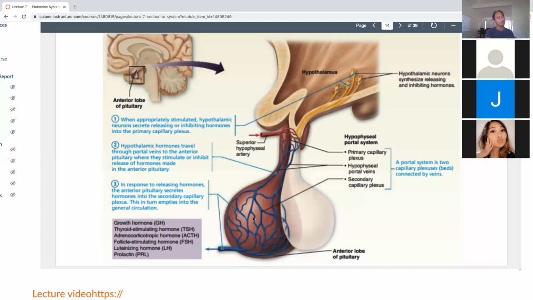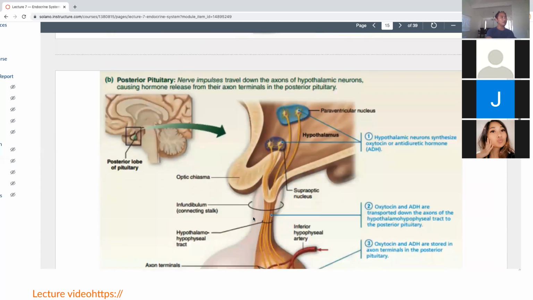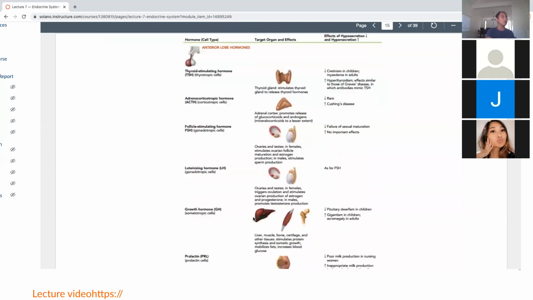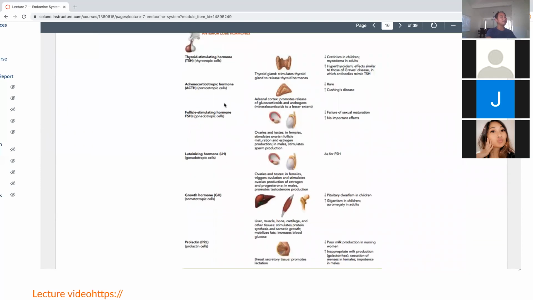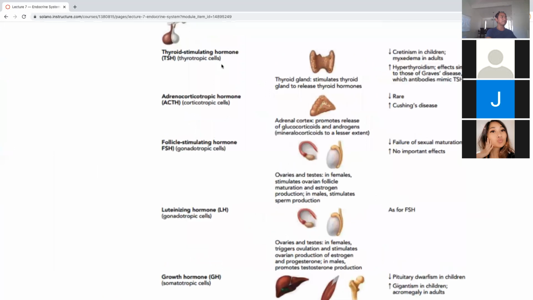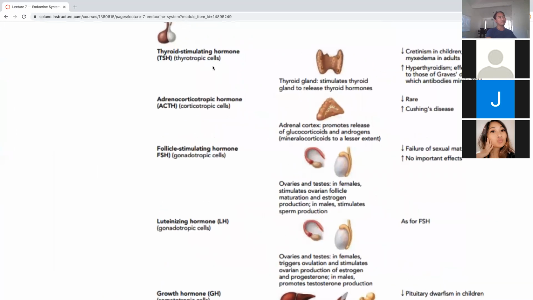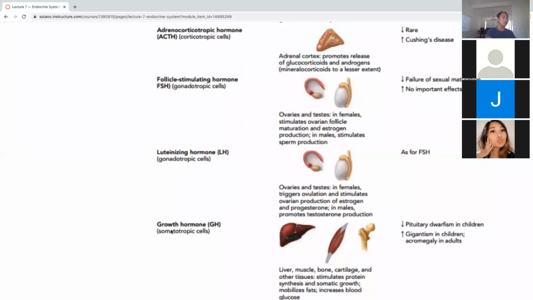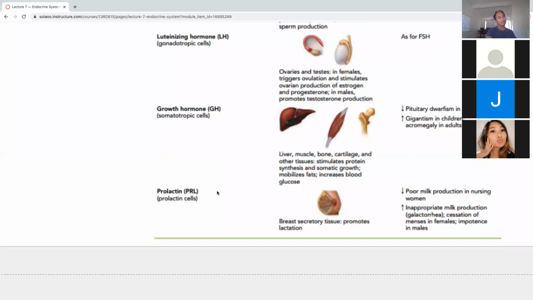Anterior pituitary hormones include thyroid stimulating hormone, TSH, LH, FSH. So there are quite a few anterior pituitary hormones which we have to remember: thyroid stimulating hormone, ACTH, adrenocorticotropic hormone, follicle stimulating hormone, LH and FSH, growth hormone, and prolactin, which makes breast milk.